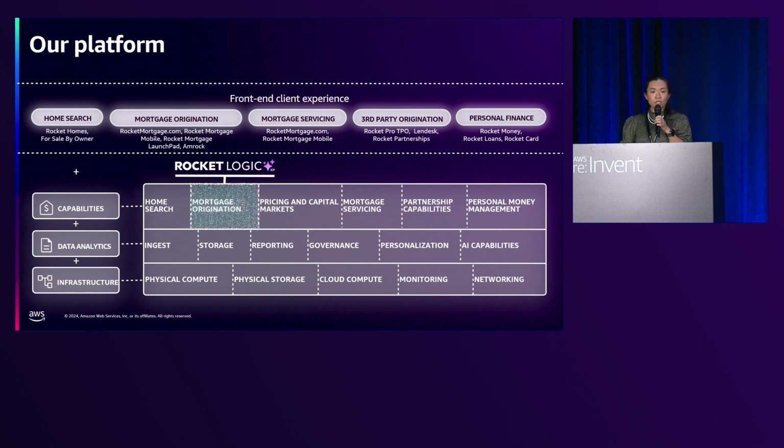At Rocket, we don't shy away from hard challenges. We invested 5 years and $500 million in making our proprietary loan origination system platform. We call it Rocket Logic. From there, we were able to provide end-to-end capabilities, starting from when the client starts looking for a house, to loan origination, to building the award-winning loan servicing experience.